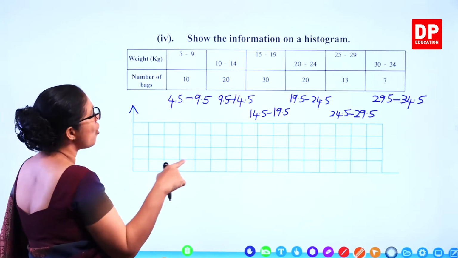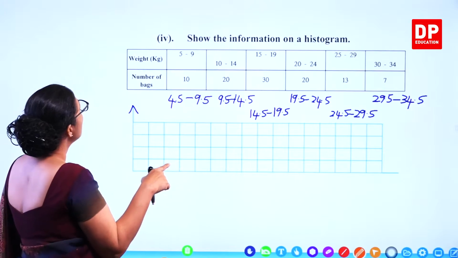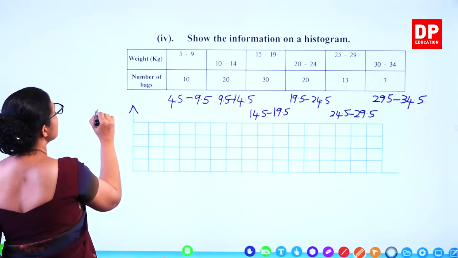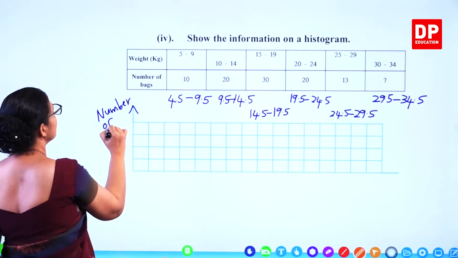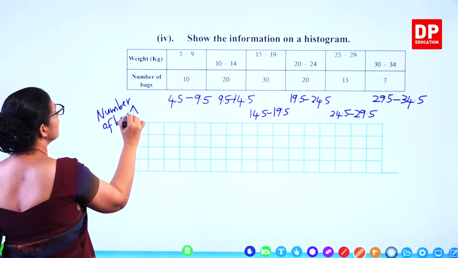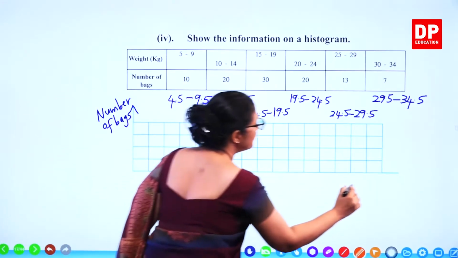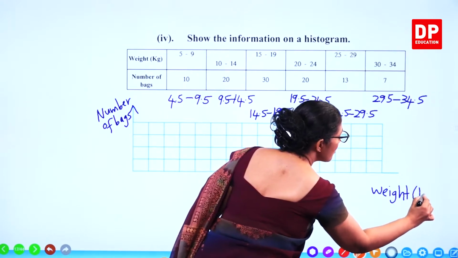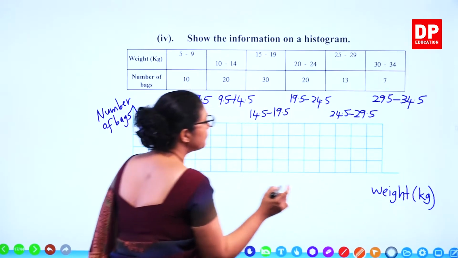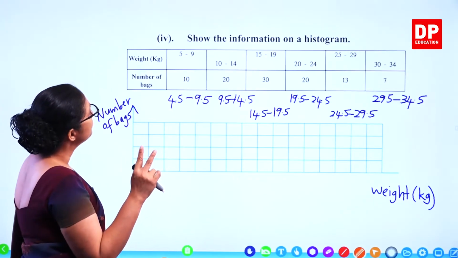Now we can draw the histogram. So here, number of bags, and this way, weight in kilograms. Now check whether the widths are the same.